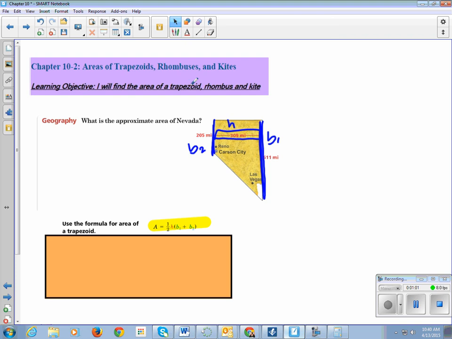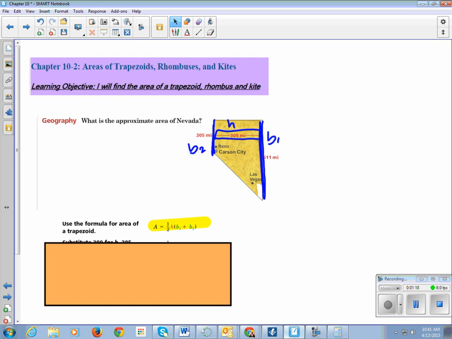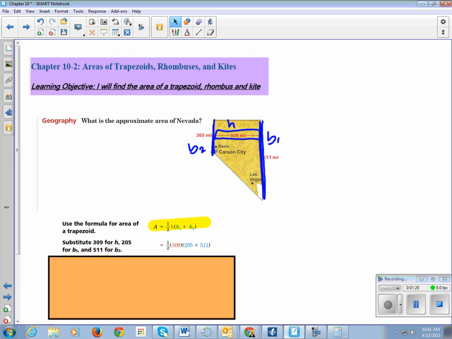That's not what it says. Commutative property. Okay, so if I say that 309 is the height, 205 is one of the bases, and 511 is the other base, I'm going to substitute all those into my equation.